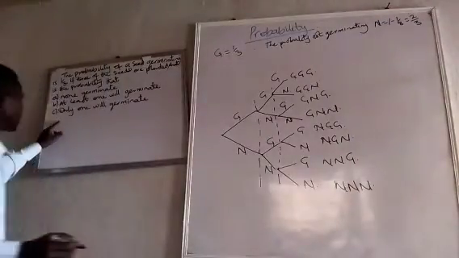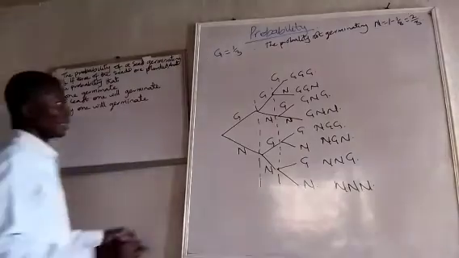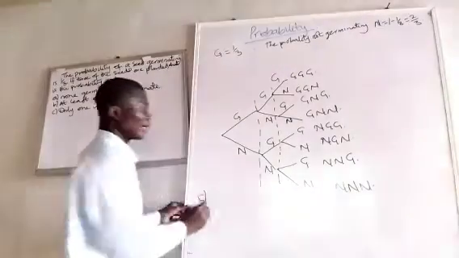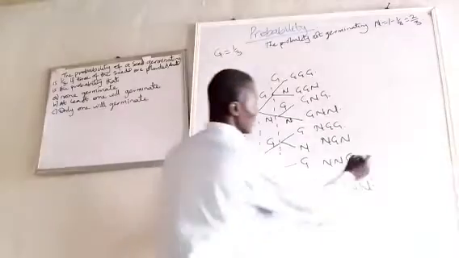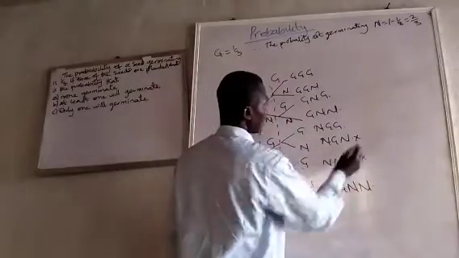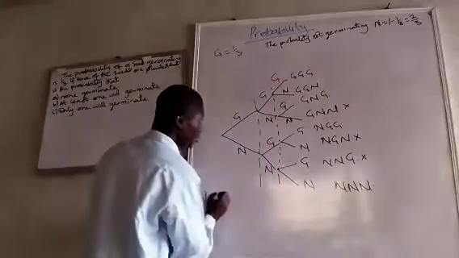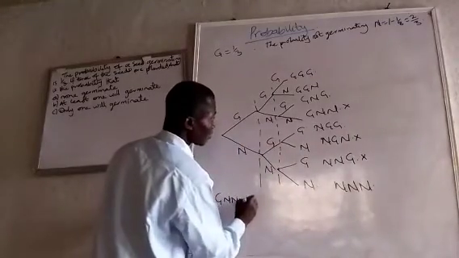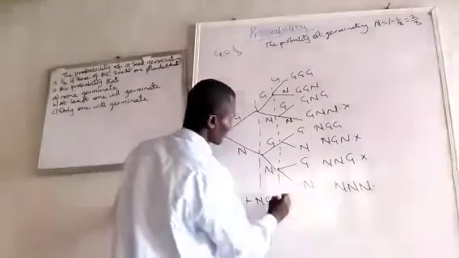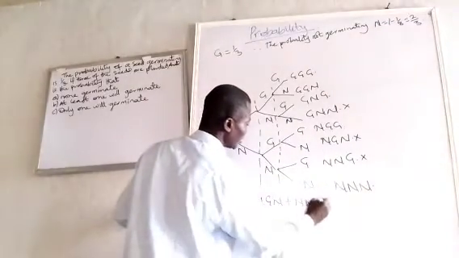Now for the C part, it says only 1 will germinate. So we will look for where we have only 1 germinating. Here, here, here, and that's all. So we are going to have GNN plus NGN plus NNG.